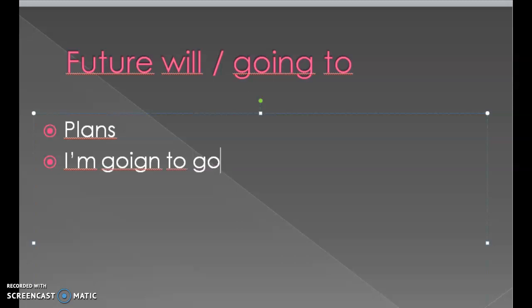Remember, lo bonito del going to es que se conecta con todos los verbos en su forma base. I'm going to play. I'm going to eat. I'm going to visit. I'm going to find. I'm going to look.